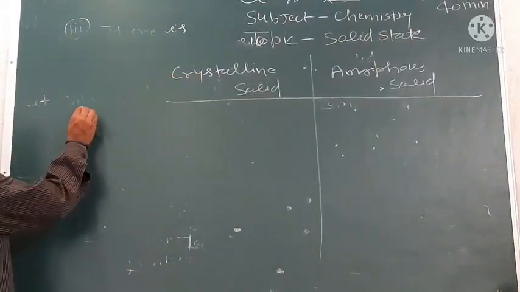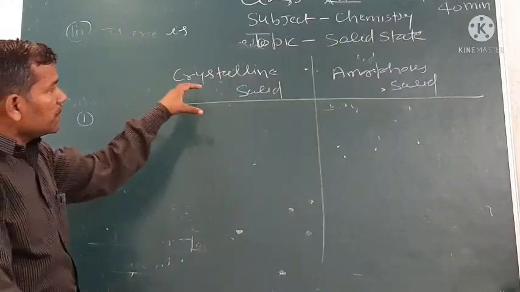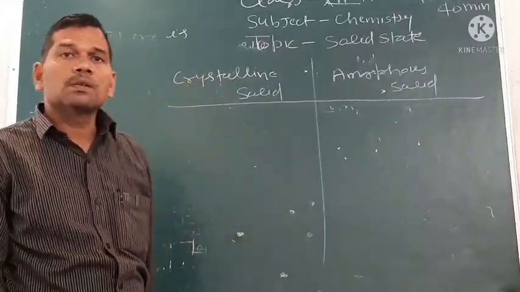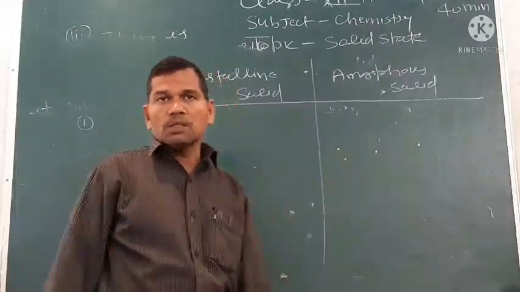First, the difference between crystalline solid and amorphous solid. In crystalline solid, molecules have a regular arrangement.